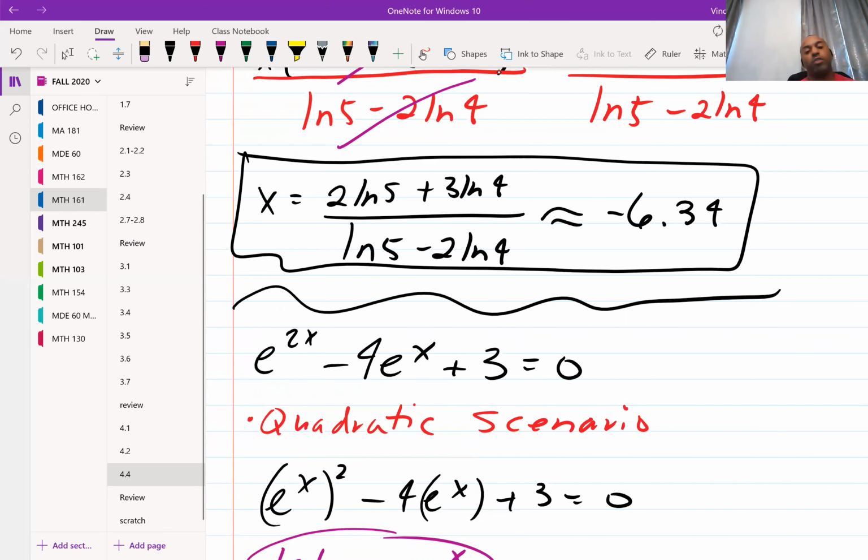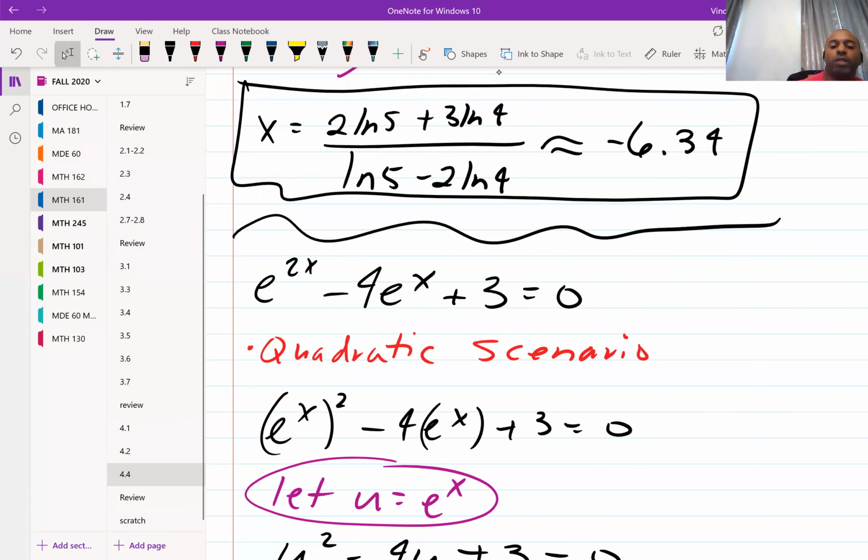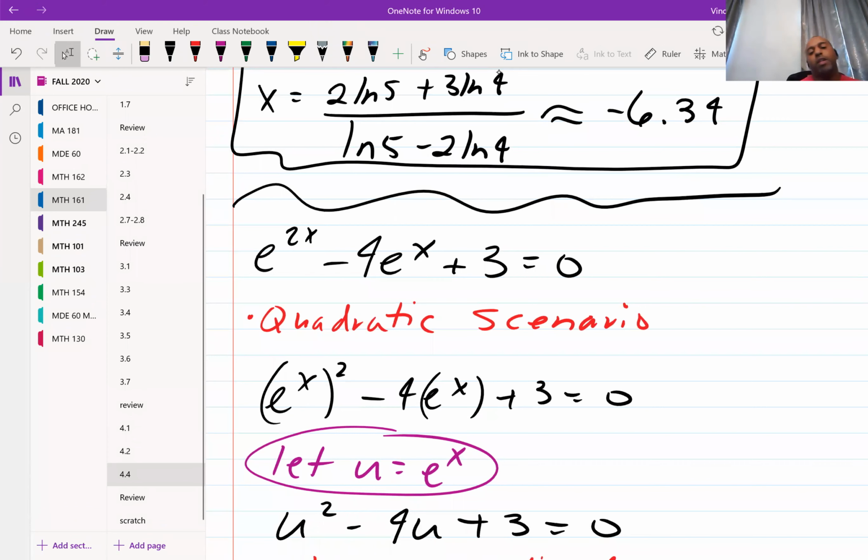We have e to the x squared, and then e to the x in our next term. Whenever we found that to be the case, we could let u be equal to that term. So we'll let u be equal to e to the x, so it could be easier for us to solve, just looking more familiar. That's the main reason why you would do something like this.